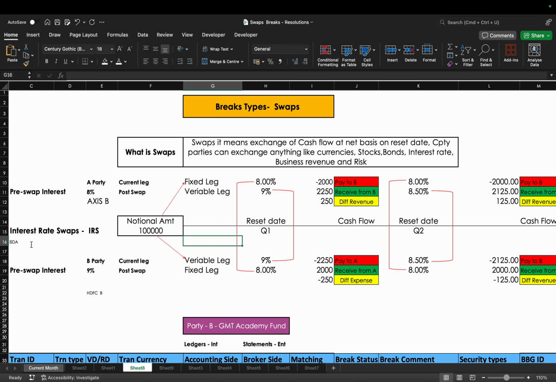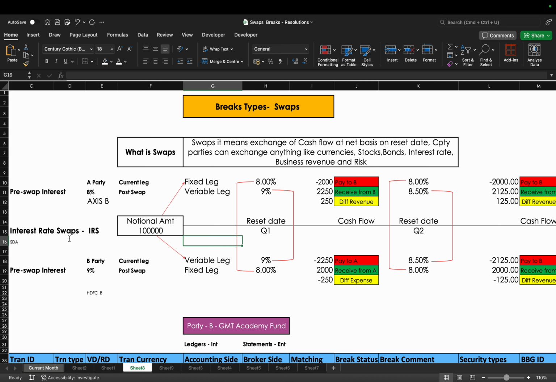See, coupon is nothing but, guys, the difference between your fixed leg and variable leg. So that amount, or difference of that cash amount, we'll call it a cash flow, or maybe a trade fee, event fee, or sometimes an interest payment, simple.